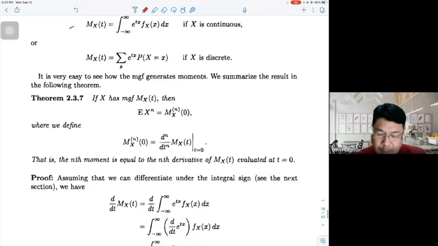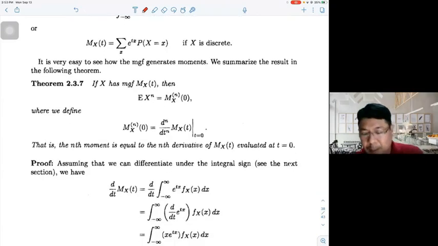So before illustrating the moment generating function to generate the moments, let's consider first this theorem 2.3.7.